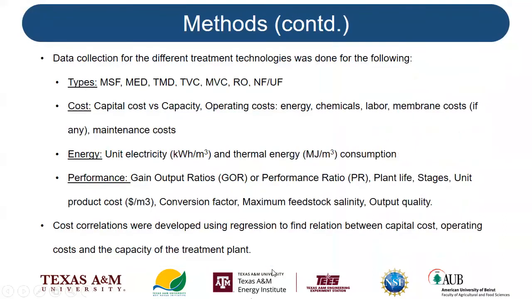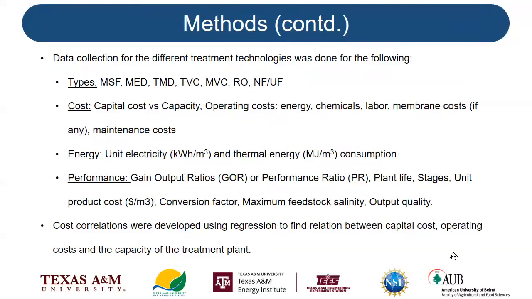The methods for water treatment that we chose were the data collection. This included data collection for different treatment technologies, done on the basis of the type of the technology. So we used multi-stage flash, multi-effect distillation, thermal membrane distillation, vapor compression, reverse osmosis, ultrafiltration, nanofiltration, etc.